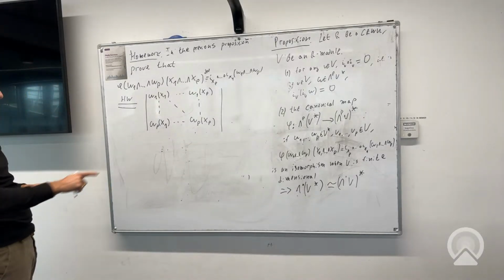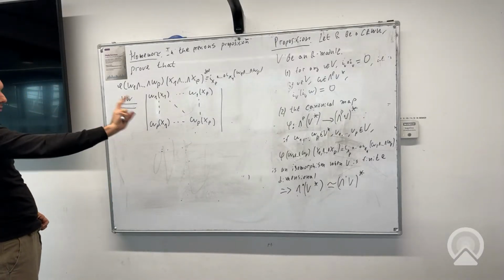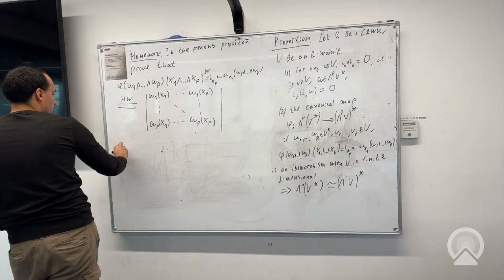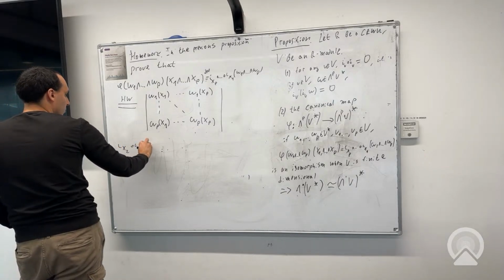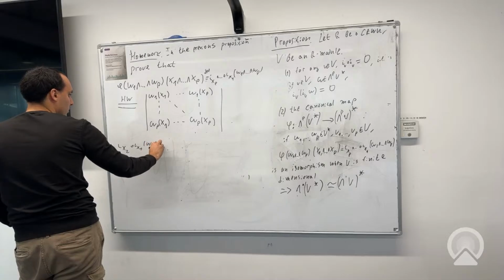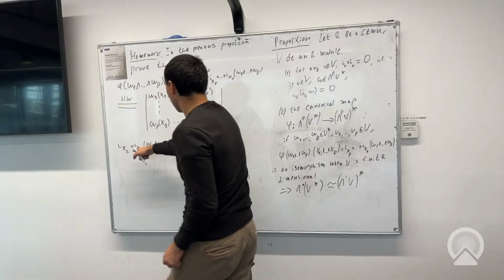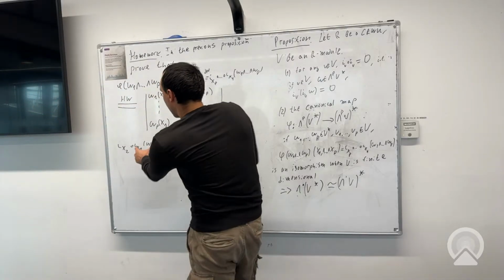So let me give an example in dimension 2. So i of x2 composed with i of x1 on omega 1 wedge omega 2 is, so we apply this first here.